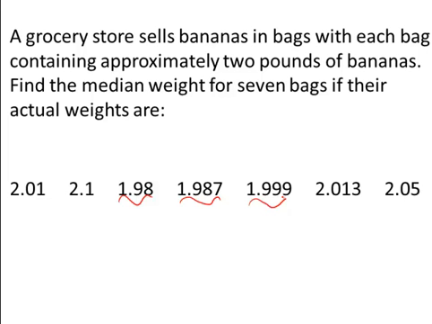Continuing to compare these numbers place by place, I begin by giving them all 3 digits after the decimal point. In the tenths place, they all have a 9. In the hundredths place, I see these 2 are the smallest because they have an 8 in their hundredths place, whereas the other number, which I have underlined, has a 9 in its hundredths place.